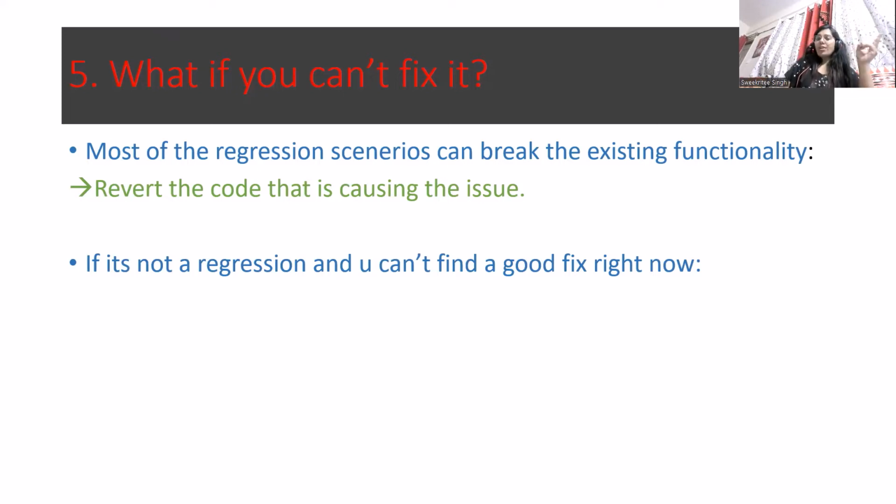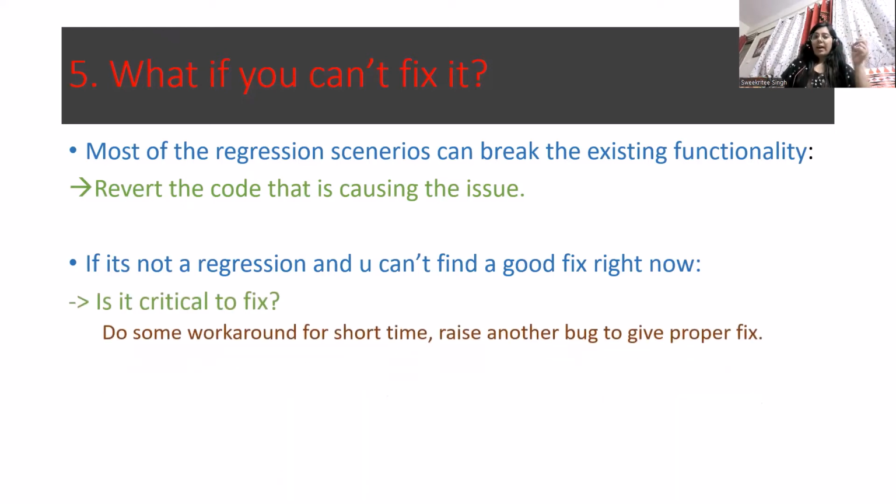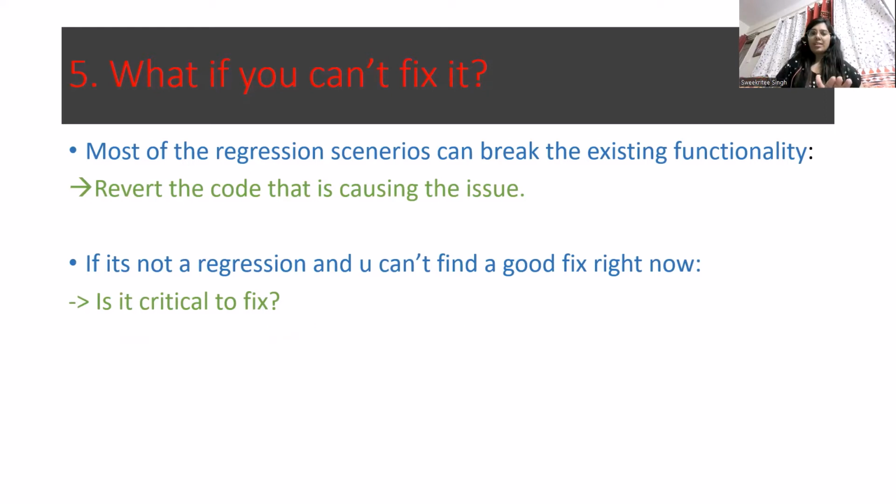If it is not a regression and you can't find a fix right now, then there are two things. Is it critical to fix? If it is critical and you can't find a good fix for it, then you have to do some workaround for a short time and raise another bug to give a proper fix.